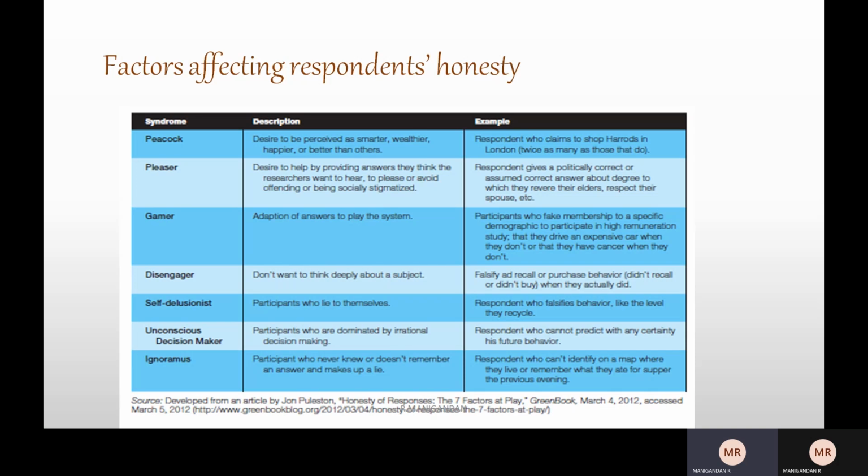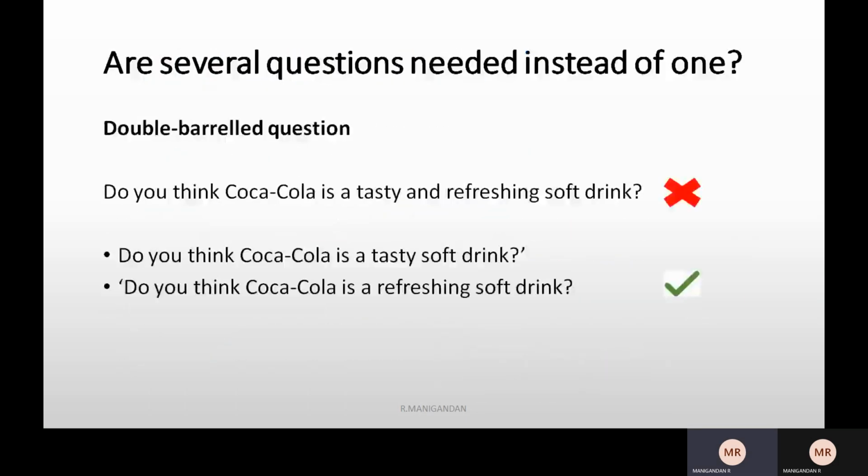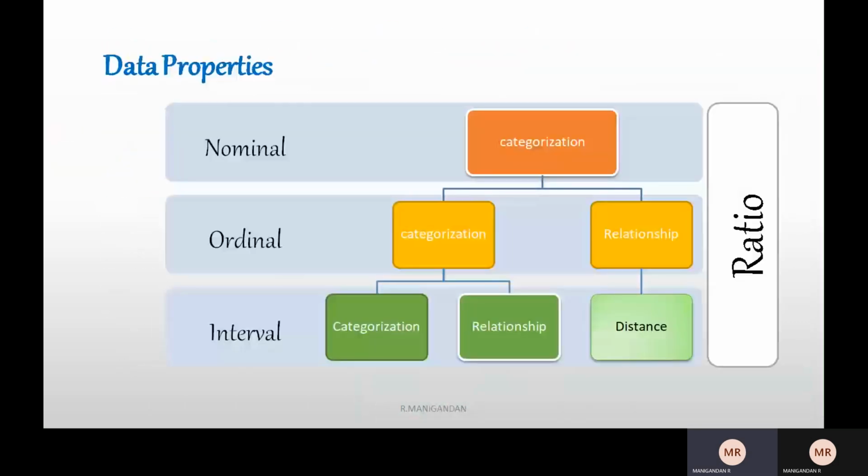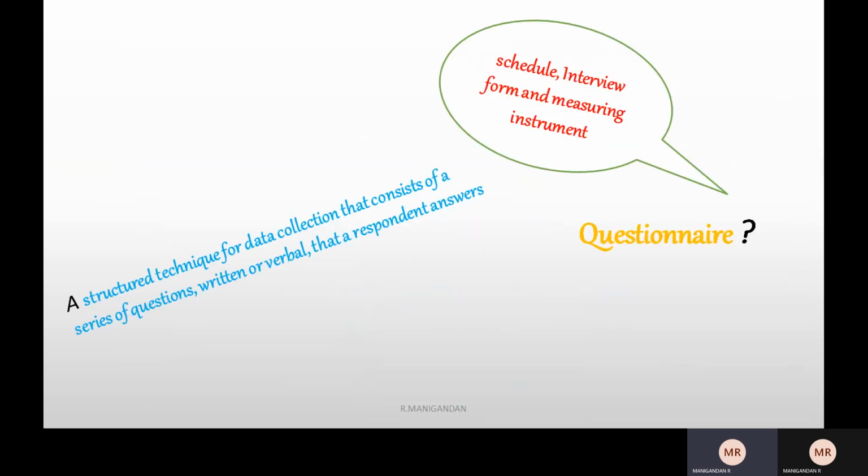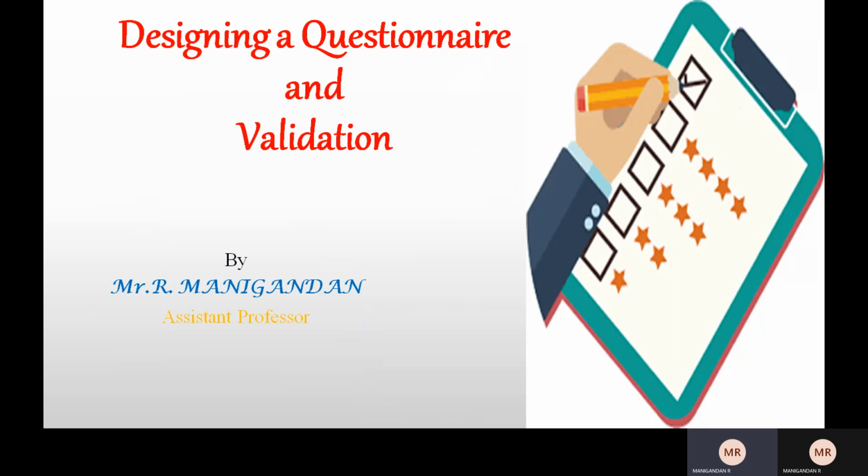And the honesty will be based upon your target audience, and based on the questions they will respond in a good manner or not. So this is the questionnaire framing method, and I think it will be very useful for your research also, or any management process also.